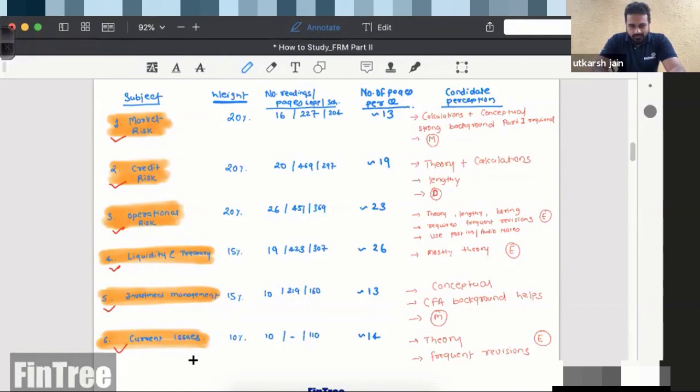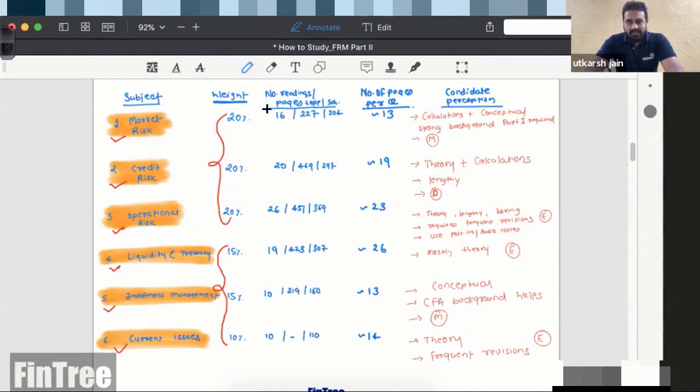Roughly, this is a good way of looking at your syllabus. These are the weights. The top 3 subjects, which are market, credit, and operational, contribute about 60%, and the remaining 40% comes from liquidity, investment, and current issues.